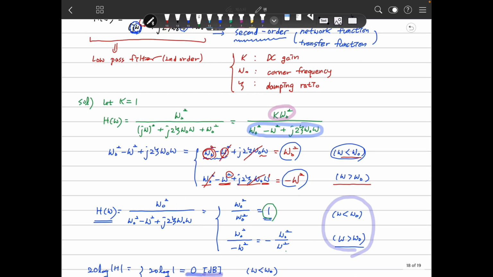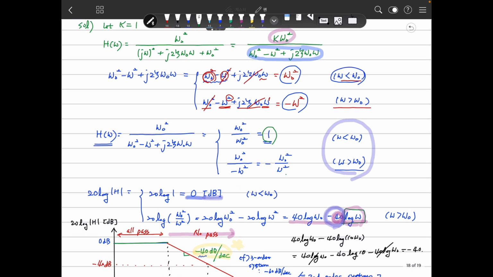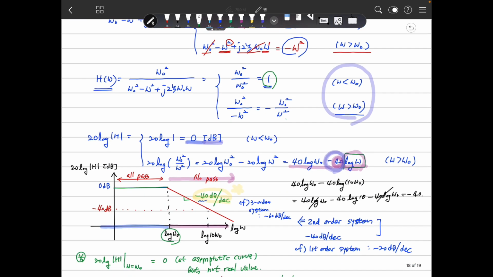How about the secondary systems? In the secondary systems, before the corner frequency, that is actually 0 plus 0 log omega. The slope is 0 dB per decade.